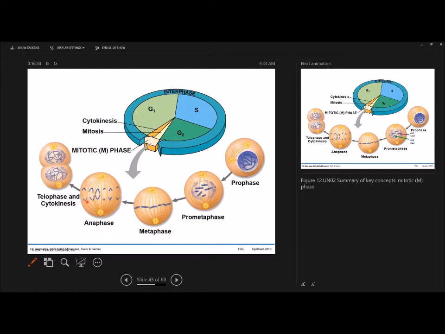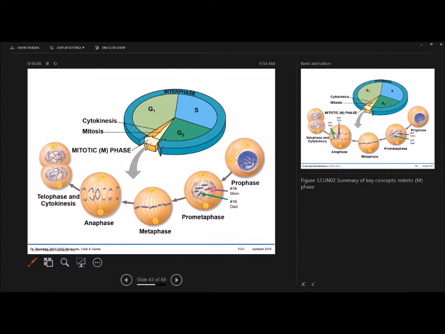Each one is identical to the one before it. And they're going to be pulled back to the poles of these spindle fibers. Okay? And then once these have pulled apart, the cell can divide, forming two new nuclei. Each one has its own centrosome, its own network, and it'll be pinched in half.